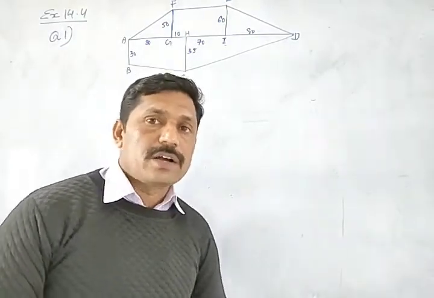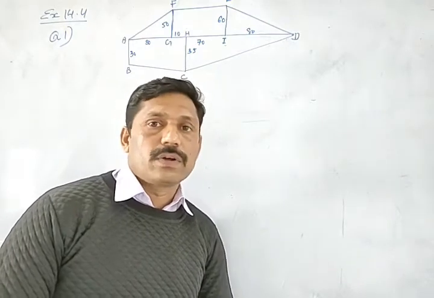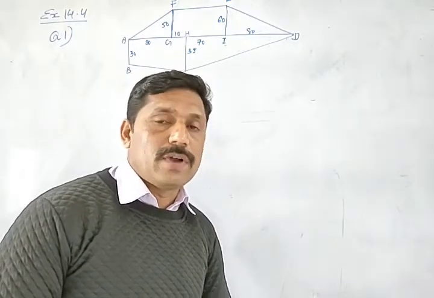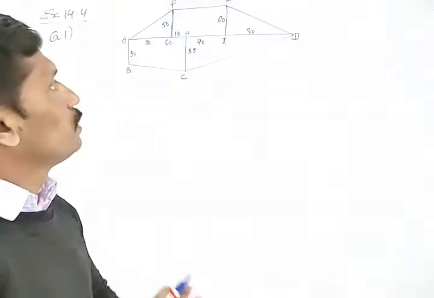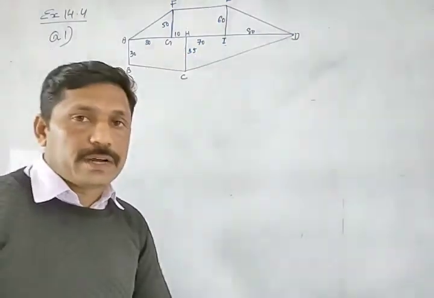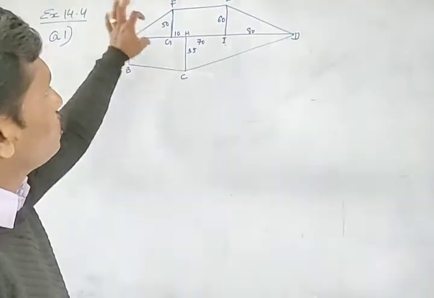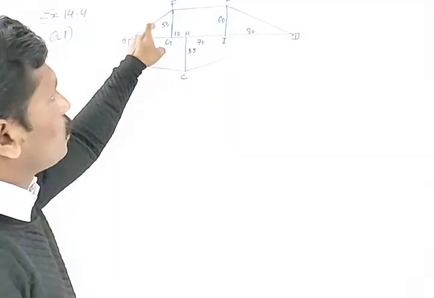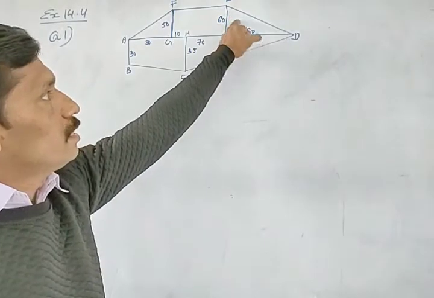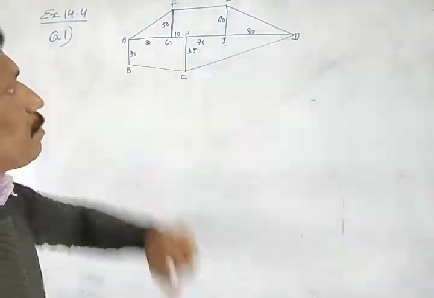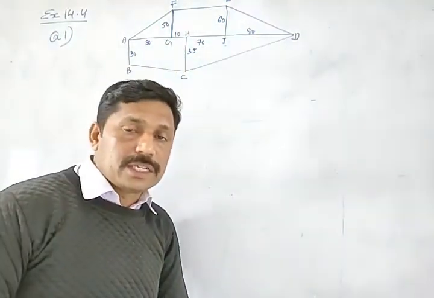So surveyors are doing this same method in order to find out the area of a plot of land which has no fixed shape. So let us study how to find out the area of this figure. It is divided into different parts. That means this is a triangle, this is a trapezium, and this is a triangle, this is also a triangle, this is another trapezium. 2 trapeziums and 3 triangles it is divided.